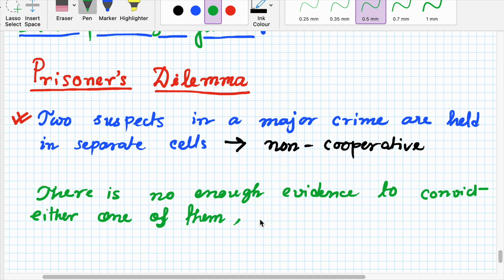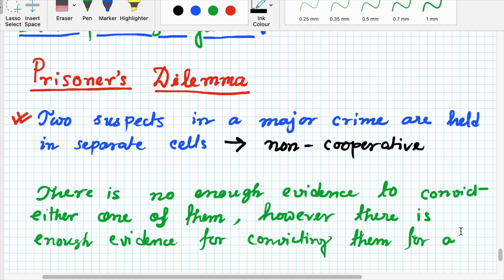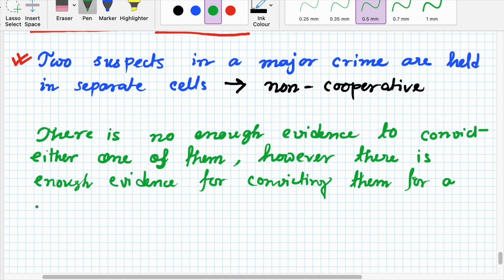However, there is enough evidence for convicting them for a minor crime.